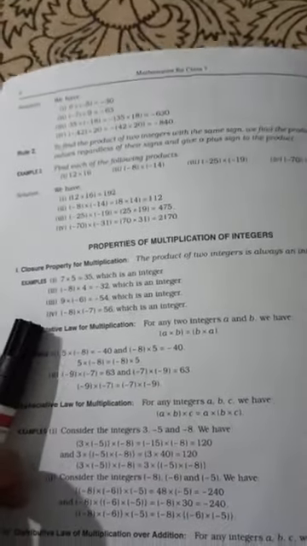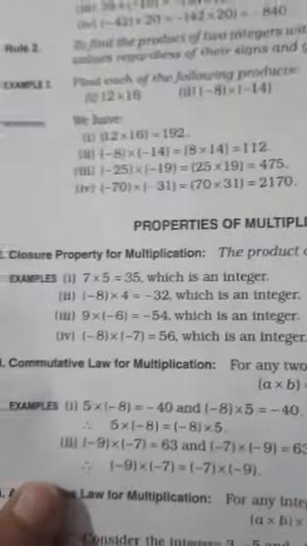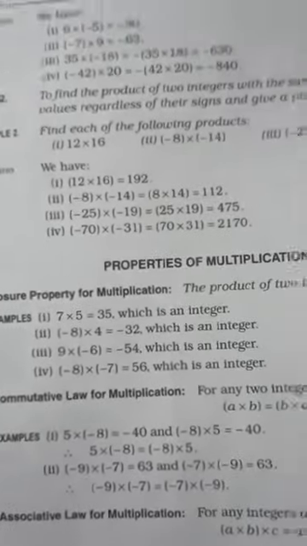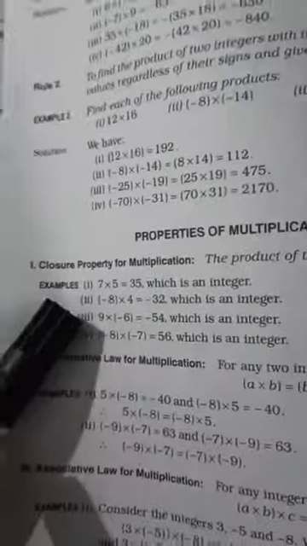Say, for example, you multiply 5 and 6 and you get 30, and 30 is also an integer. Here we have various examples, as you can see. 7 into 5 is equal to 35, which is an integer. Minus 8 into 4: you can recall the rule.